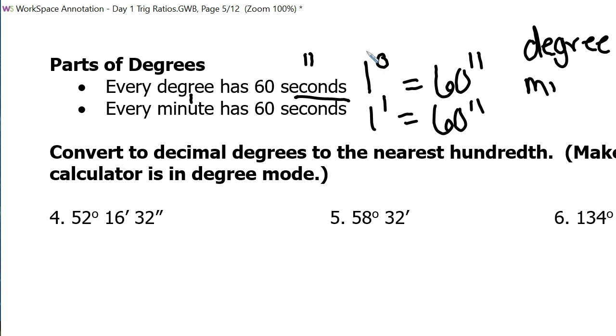To put a minute into the calculator, and a minute is just 1 apostrophe, you'll do second, apps, and then number 2. And the last one is for a second, and for a second, we use 2 apostrophes.